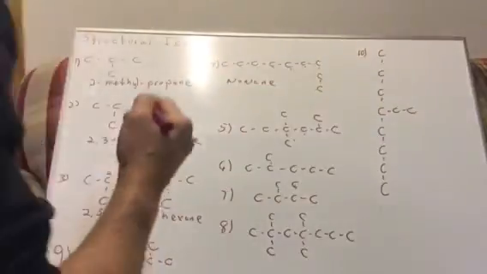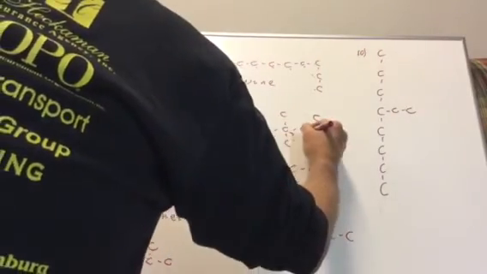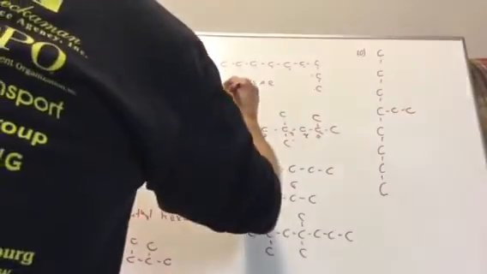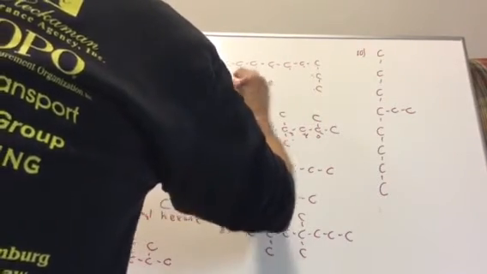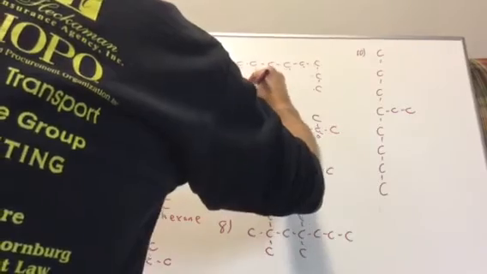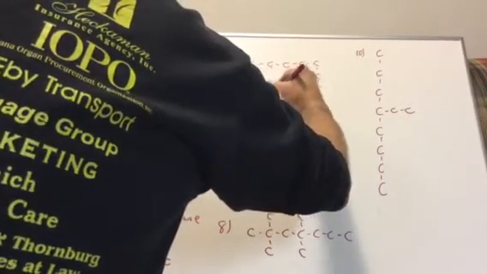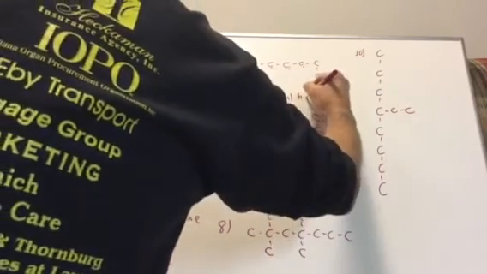Let's say you start numbering left to right, so you call this number 2, 3, 4, and 5 carbon. So you have 3, 3, 5, trimethyl, and again, hexane.